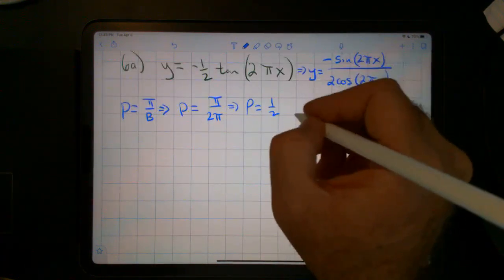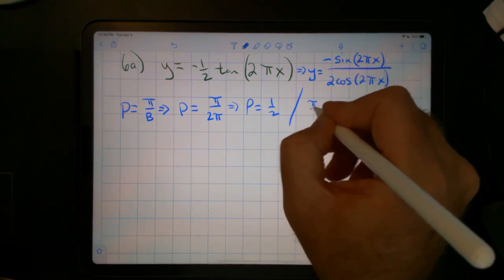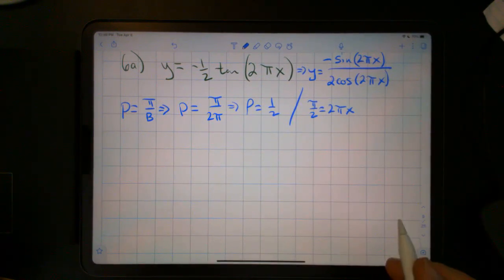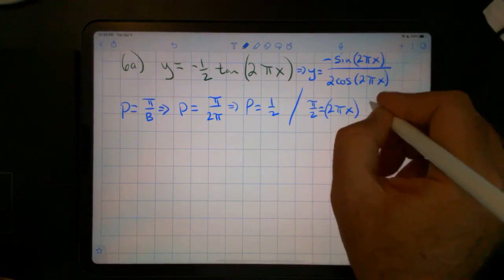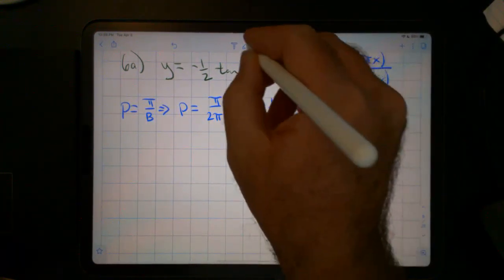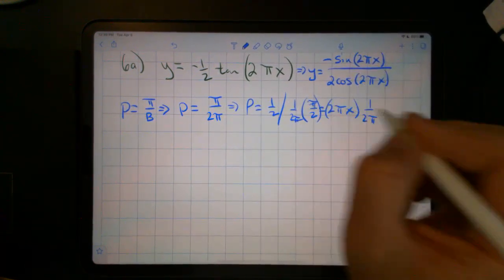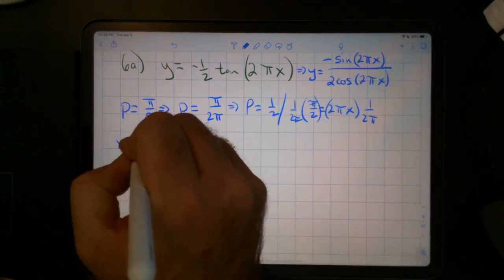Well, that's going to be when we have multiples of pi over 2. Pi simplifies out. So it looks like we have when our x is equal to 1/4.